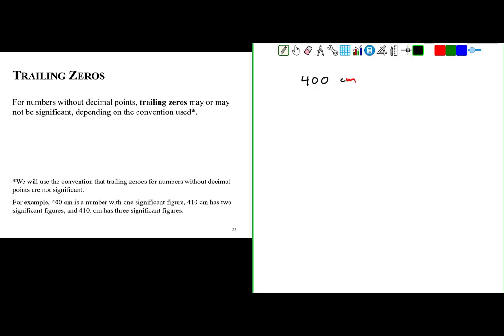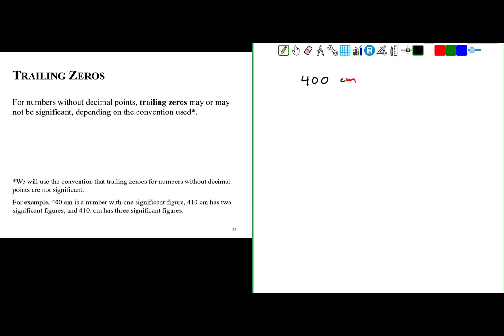Now, a textbook in one class might have one set of conventions for how to handle zeros, while textbooks in another class might follow a different set of conventions. So it's important to know the convention that's being used, because how we report our answer is going to be based on that convention.